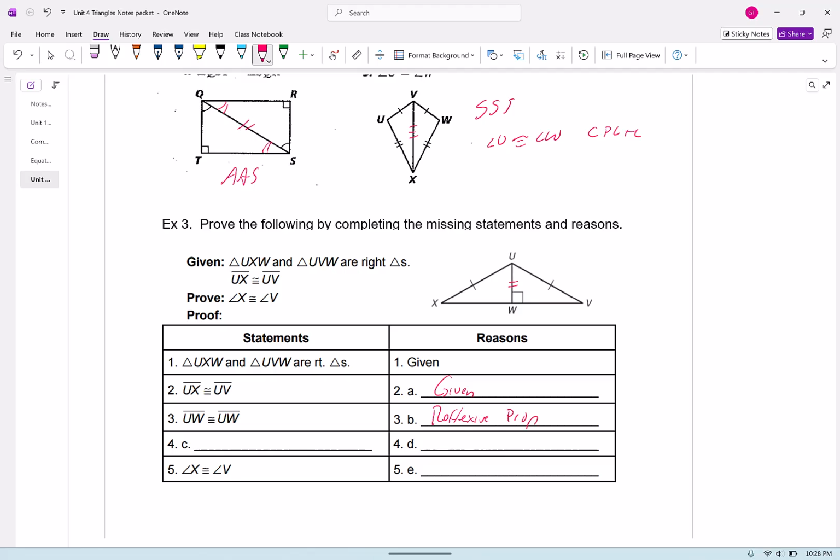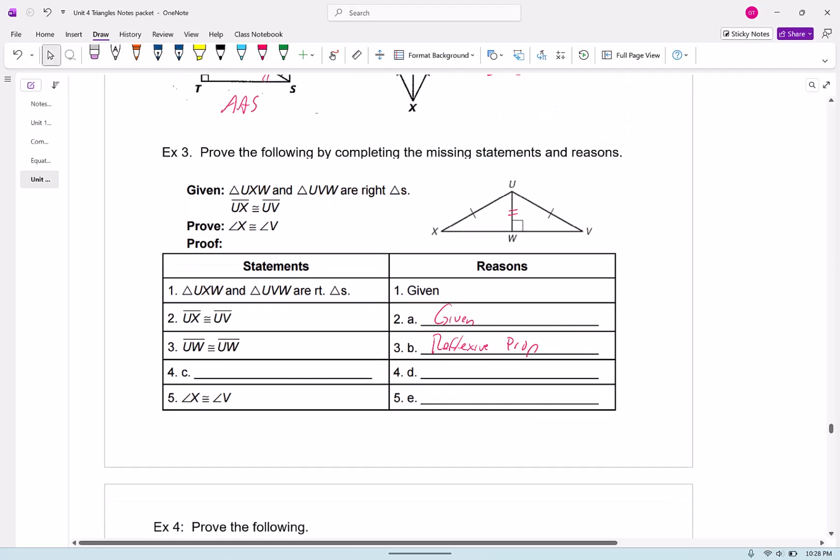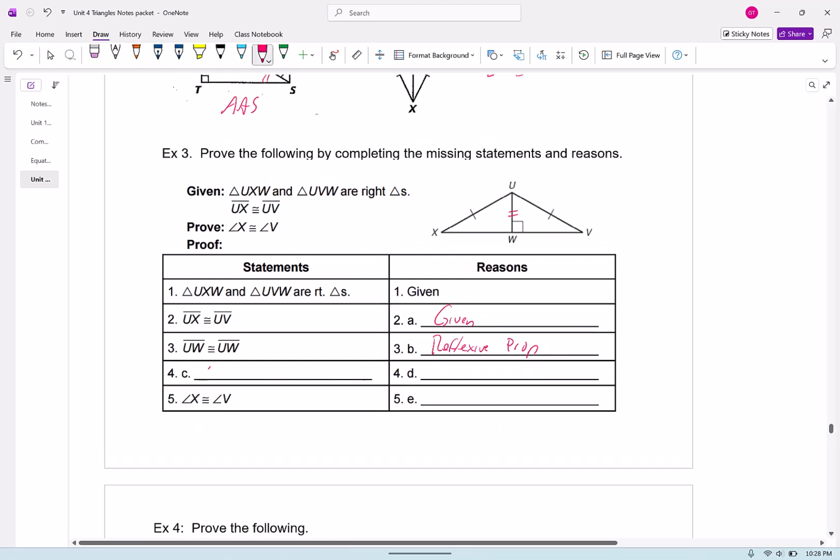What I could say is I got a hypotenuse and I got a leg that are the same. So therefore, I can now, right off the bat, prove that triangle UXW is congruent to triangle UWV.